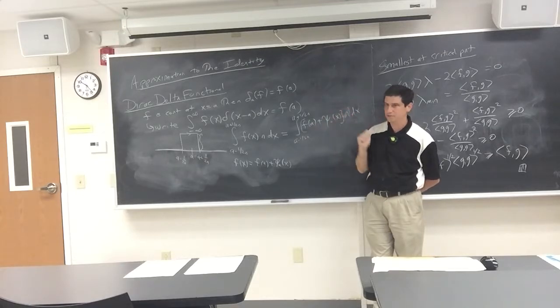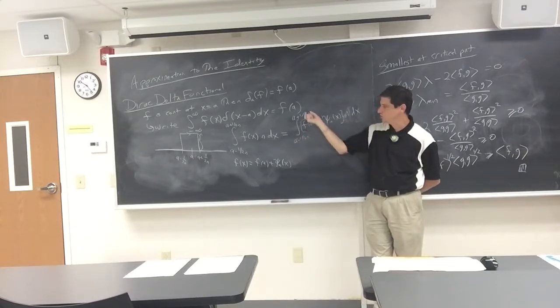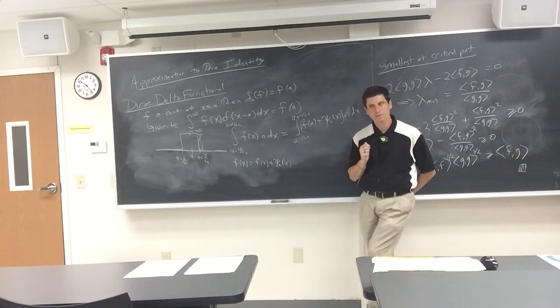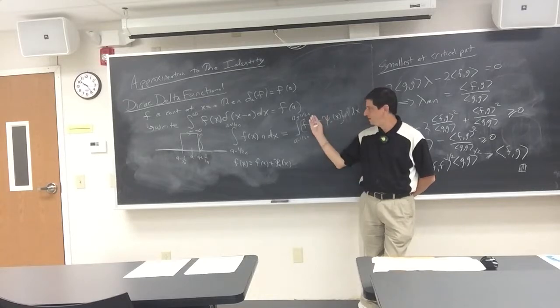So what will the first piece give us? What do I get when I integrate f of a times n dx from a minus 1 over 2n to a plus 1 over 2n? Not 1, close. I get f of a.